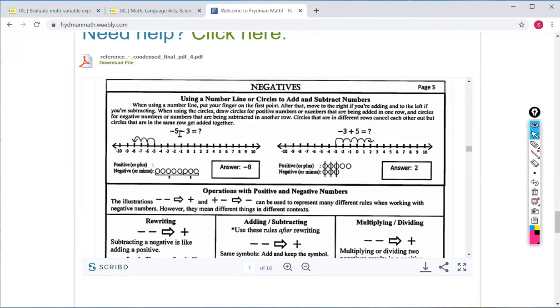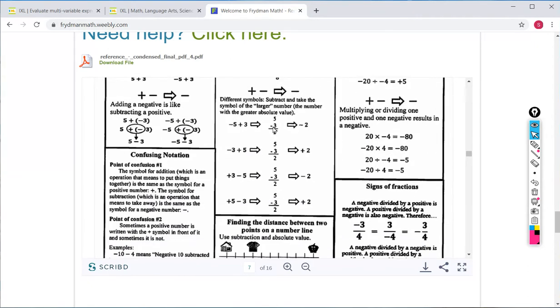I'm not going to read this entire thing, but you can read it yourself. Different symbols, we subtract and take the symbol of the larger number. By the larger number, I mean the number with the greater absolute value. For example, if we're doing -5 plus 3, these are different symbols: this is a dash and this is a plus sign. So we subtract the absolute values: 5 minus 3, which is 2.